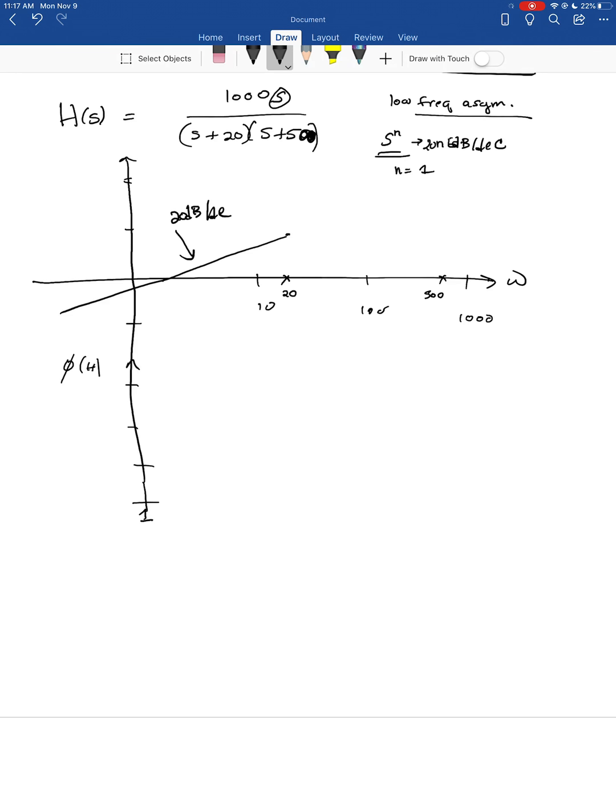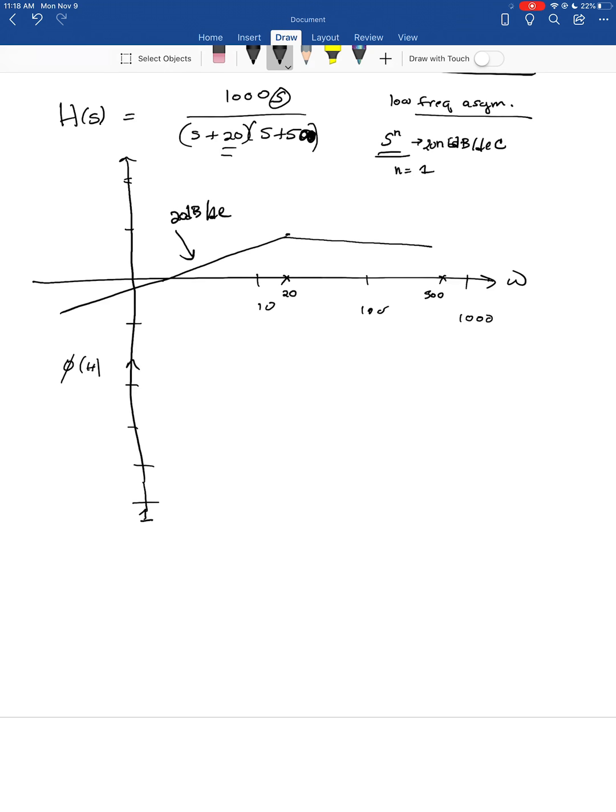Now note that will never flatten out, because these s to the n terms determine what happens as you approach 0 in omega. Even though on a semi-log plot we never fully get to 0, we do approach 0. So this is just the behavior of this transfer function at low frequency.